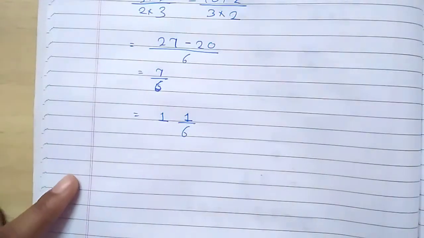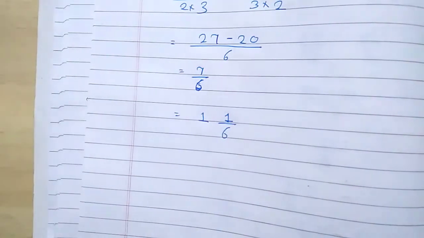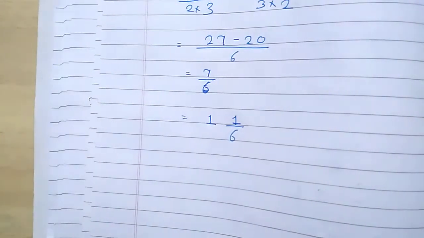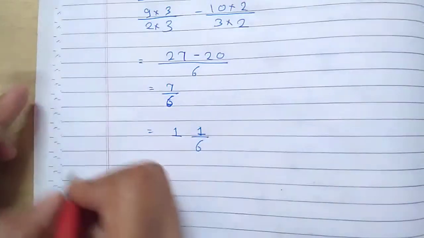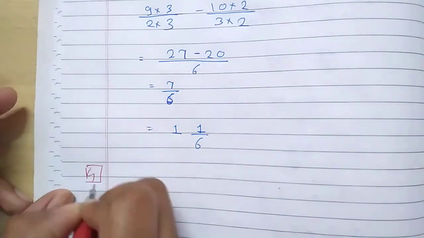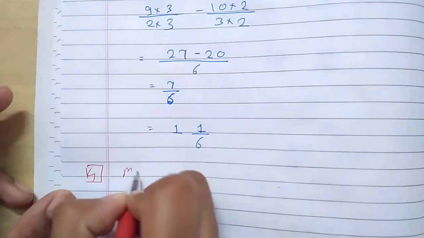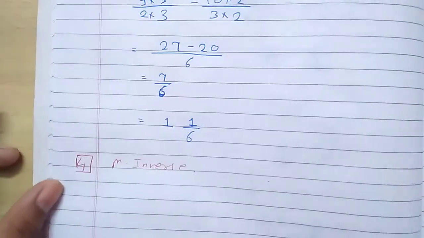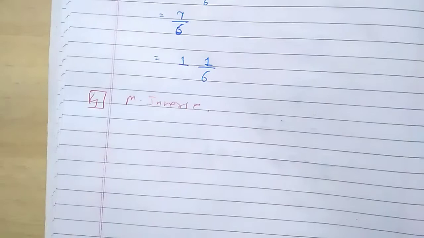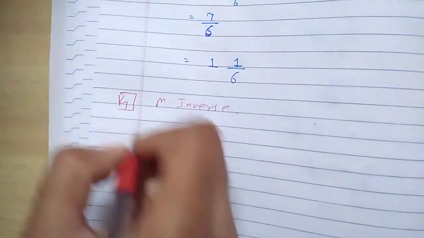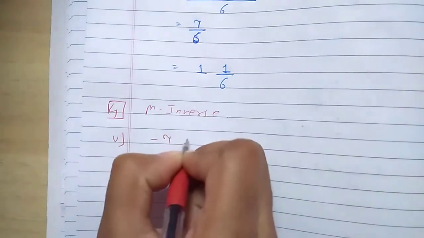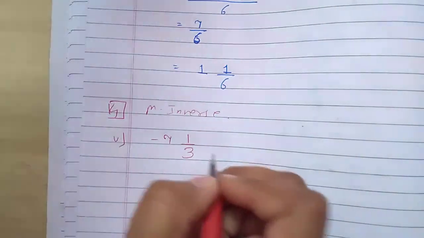Now next multiplication we have to call. Now question number 4, write the multiplicative inverse. See what is question. Fifth one, it is minus 7 1 by 3.